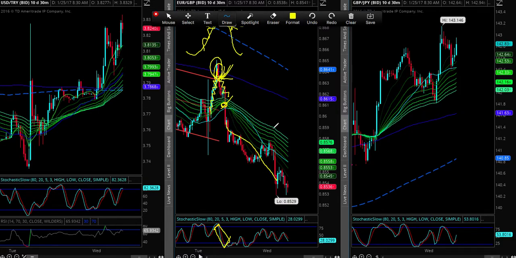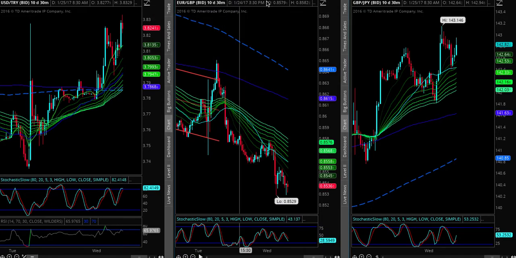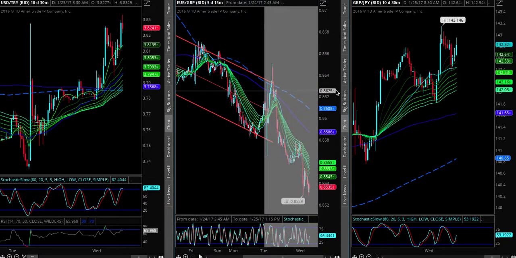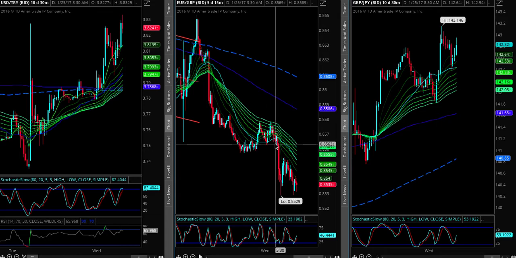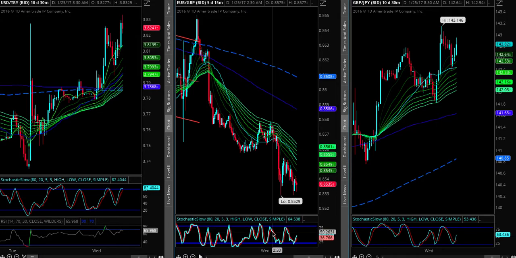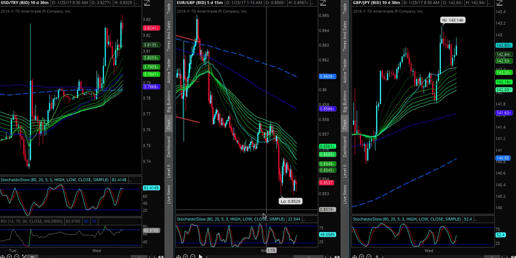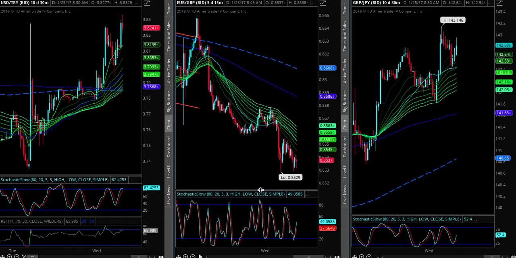All right, we came in this morning in London and actually shorted right here before the drop. And I can show you why. It was simply that the 15-minute cycle was down. So I can bring this up.